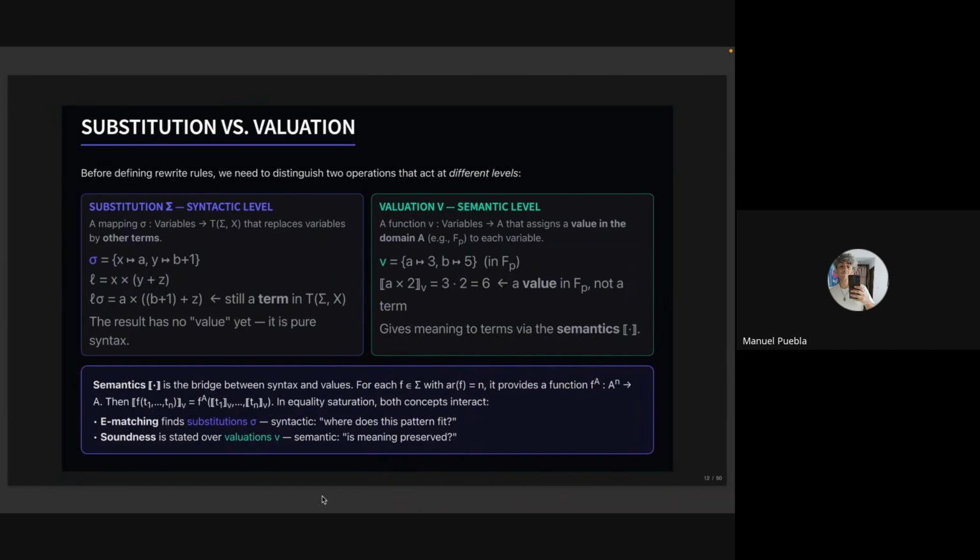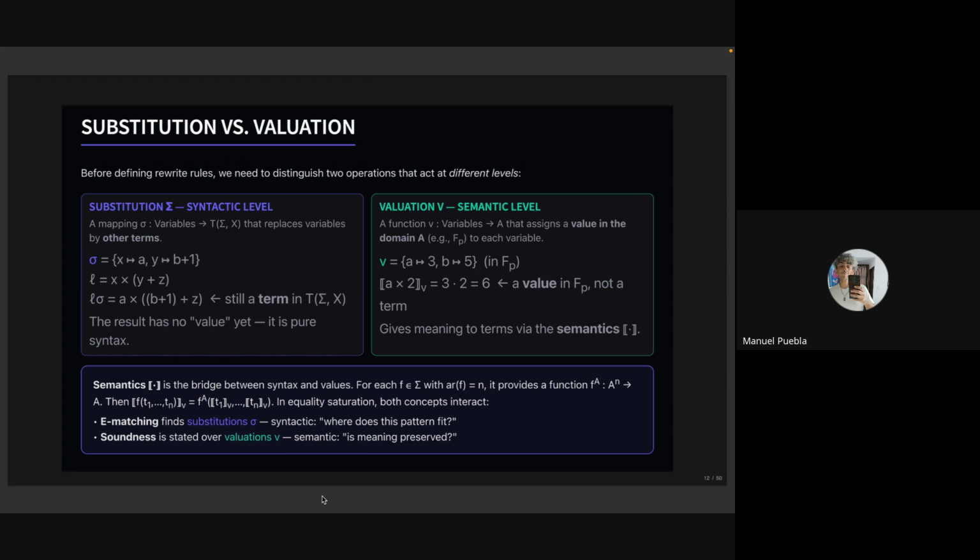On the other hand, we have valuations that operate more at a semantic level, because valuations are the way we have of assigning meaning to things. So for us, the value that a function attains stands for its meaning. Semantics is the bridge between the syntax and the values.